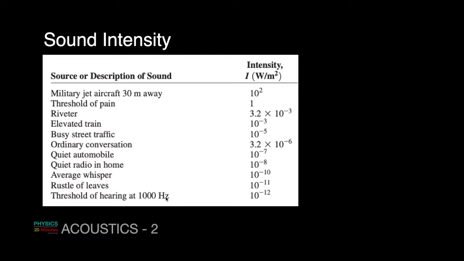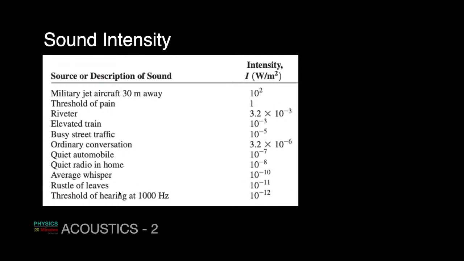If you live in a village or countryside, or mountainous terrain, your threshold of hearing is further low. So it depends on where you live. So we take this figure as an average of a large number of people's threshold of hearing, and we have fixed it as 10 power minus 12 watt per meter square.